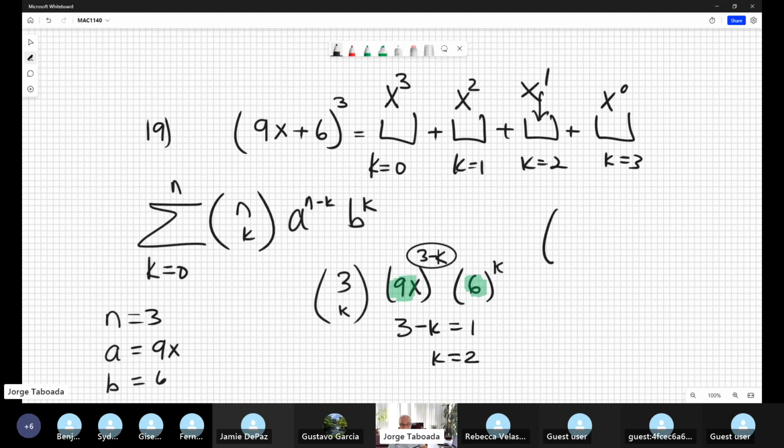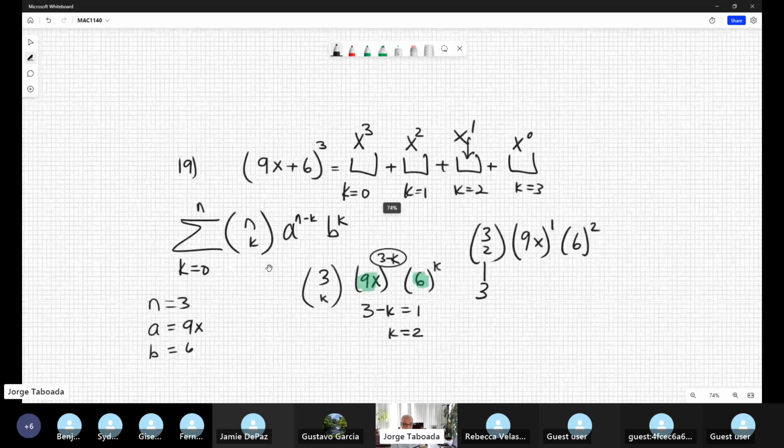So basically, I find combinatory 3, 2, times 9x to the 1 power, times 6 to the second power. Combinatory number 3, 2 is 3. Let me try using Pascal or using factorial, either way.